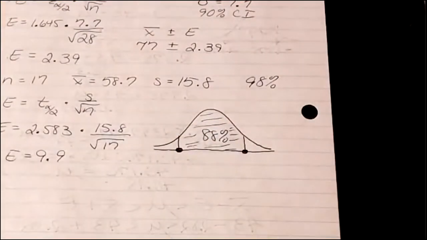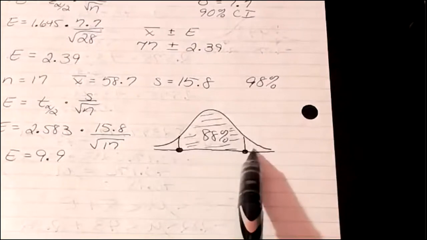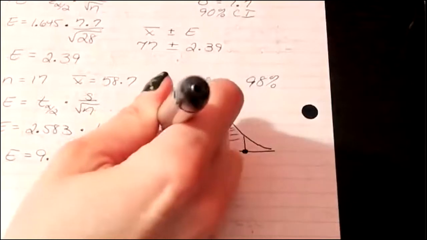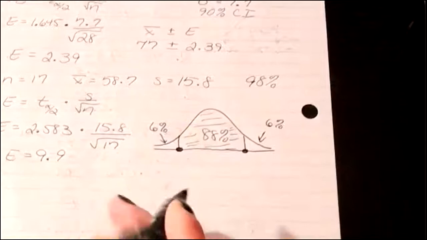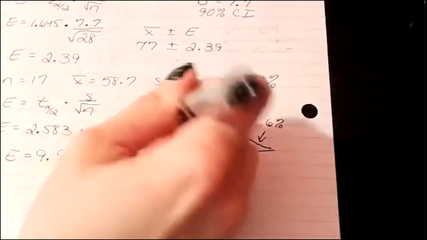So what we say to ourselves is, if the middle is 88%, then we know that there's going to be 12% left over in the tails. Stop me if something doesn't make sense. There's going to be 12% left over in the tails, but 12% cut in half is 6%. So there's 6% area in this tail, 6% area in this tail. And we know that 6% is written as 0.06.